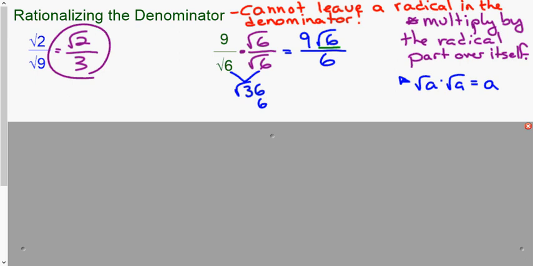There's nothing we can do with that one. We are looking at right here, these outside numbers. Does 9 and 6 reduce? And the answer is yes. They reduce by a factor of 3. So we can take 3 out of them and we get 3 root 6 over 2. That is our final answer. That is completely reduced.